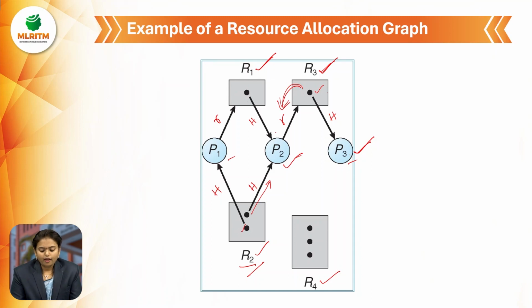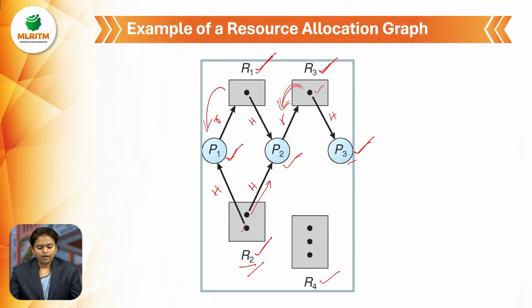After completion, it releases the R1 and R2 instances. Then those are available for the execution of P1, which executes using the R1 and R2 instances. So P1, P2, P3 are executed.